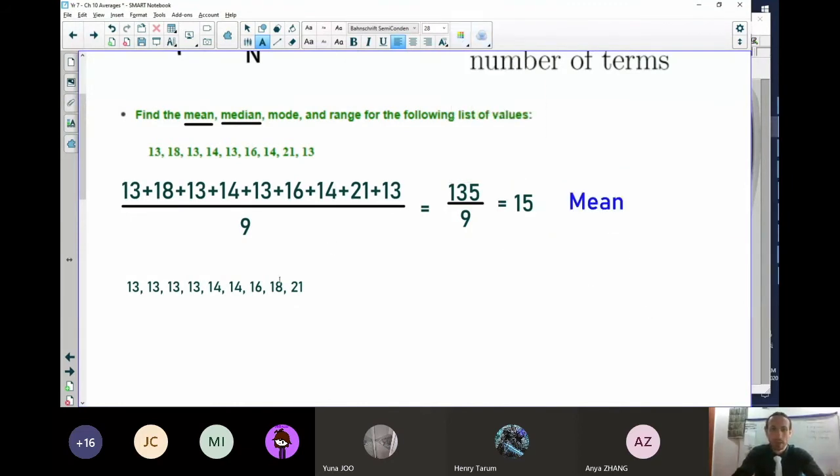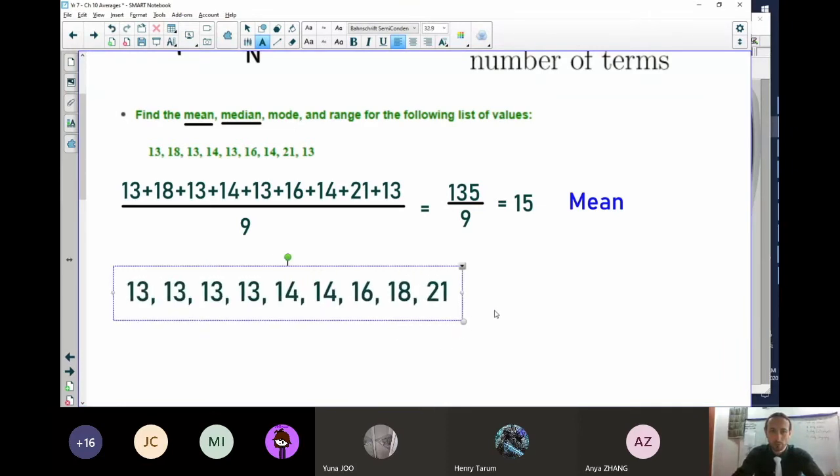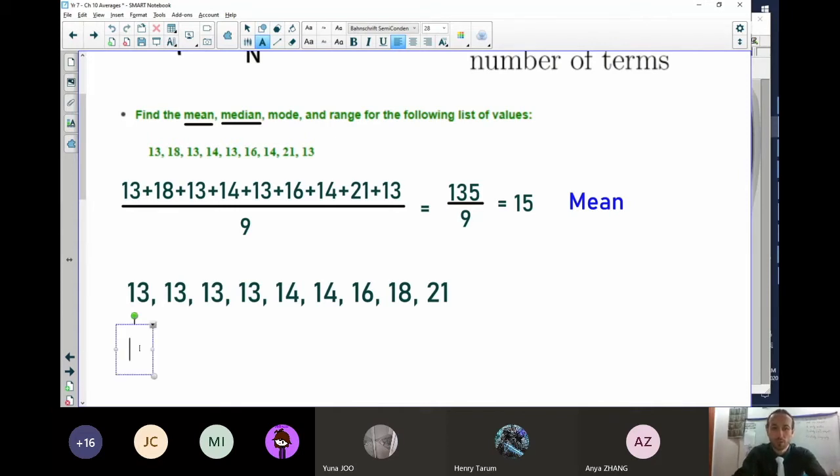All right, and now for our median, okay, we need to find the middle number. Now to find the middle number, remember, we need to find our nth term, which is the middle term, okay?